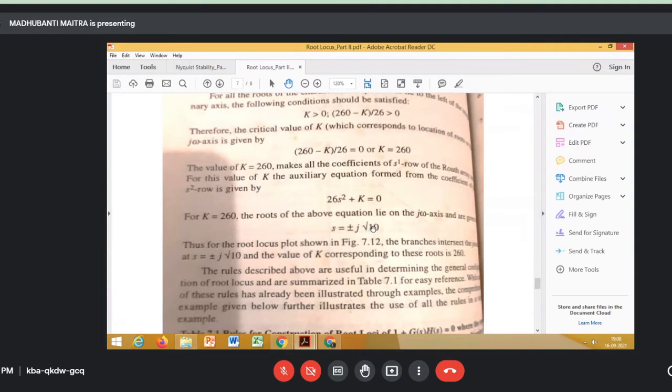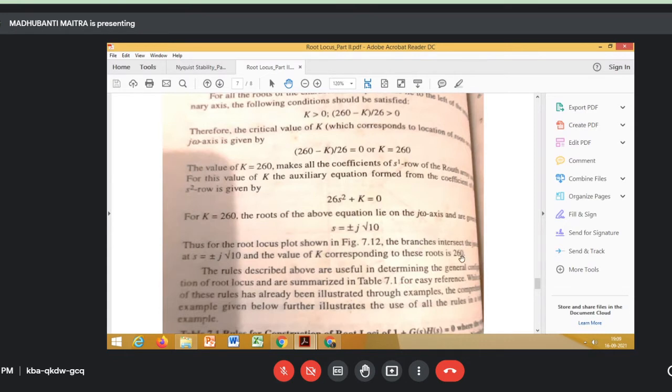Two root branches will intersect the imaginary axis at two points, for which the value of s is plus minus j root 10, and the limiting value of gain k is equal to 260.